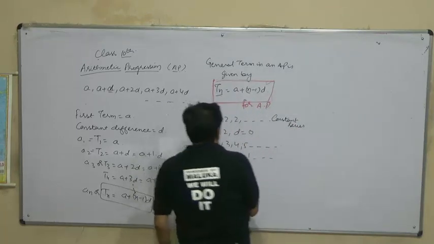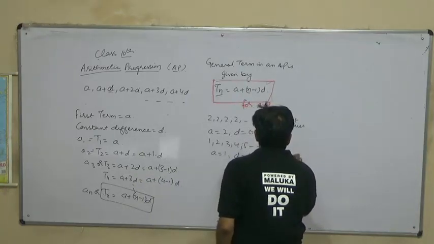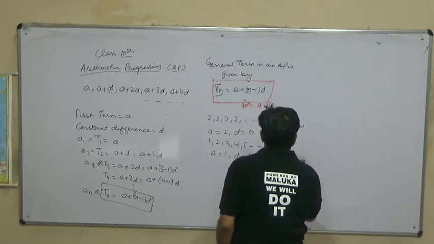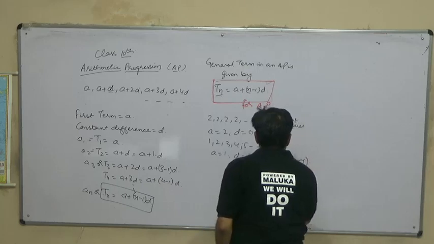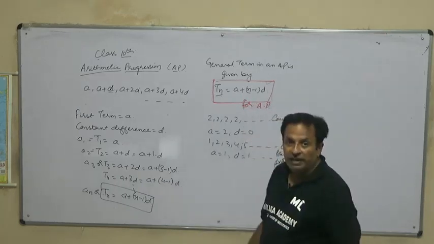In this case it is a positive series, or we can say an increasing series. In case of an increasing series, D is greater than 0, because D is 1 here.